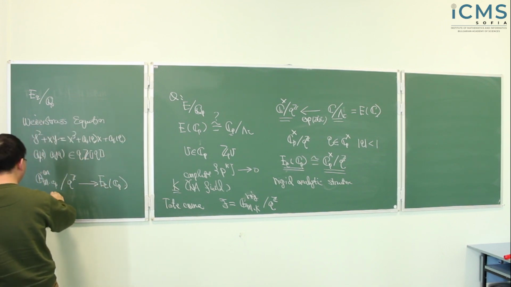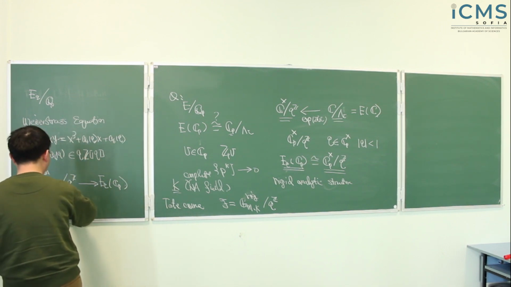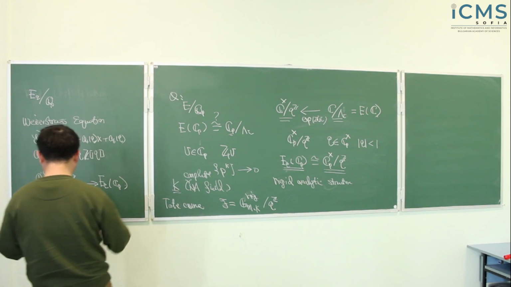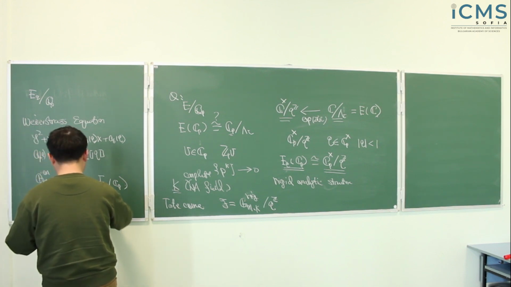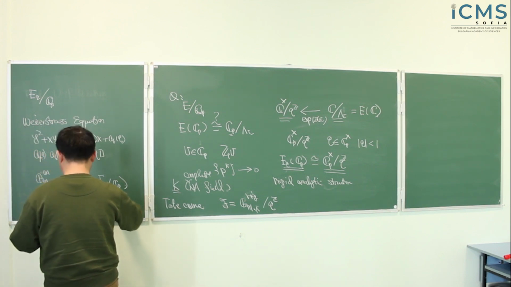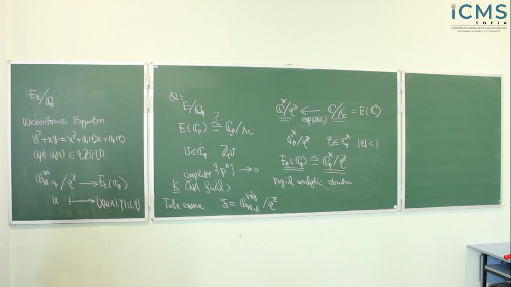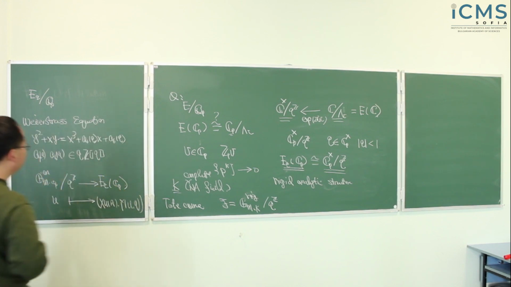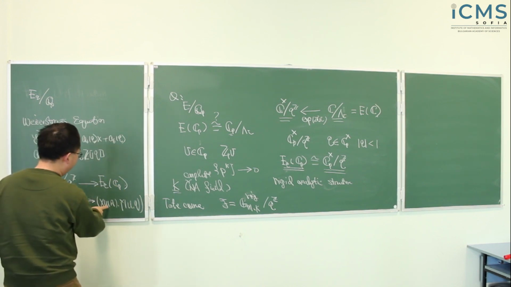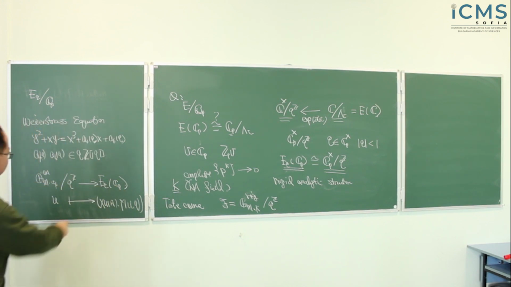So for u, it is assigned to the pair X(u,q) and Y(u,q). Here X(u,q) and Y(u,q) are both formal power series in u and q invariants.